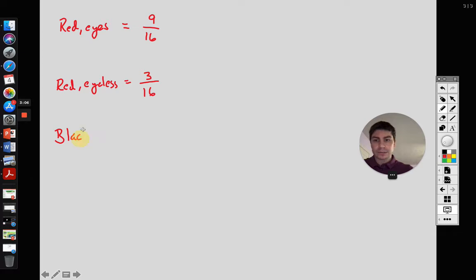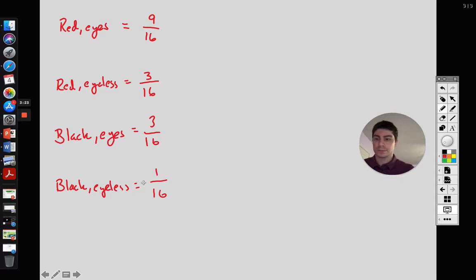Black with eyes, so we've got recessive and then our dominant, once again we should have 3 out of 16. And then lastly, black and eyeless, we should have 1 out of 16.